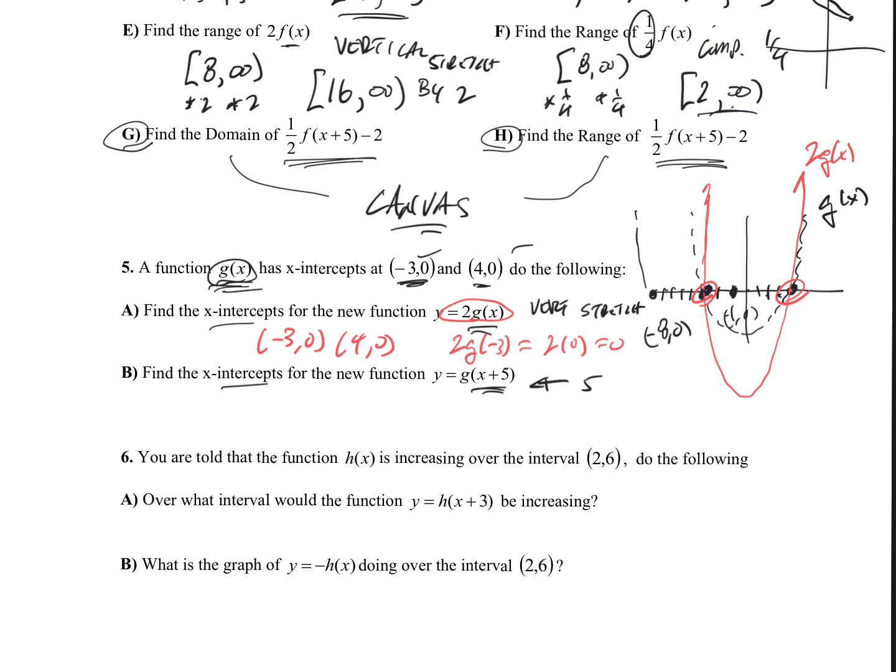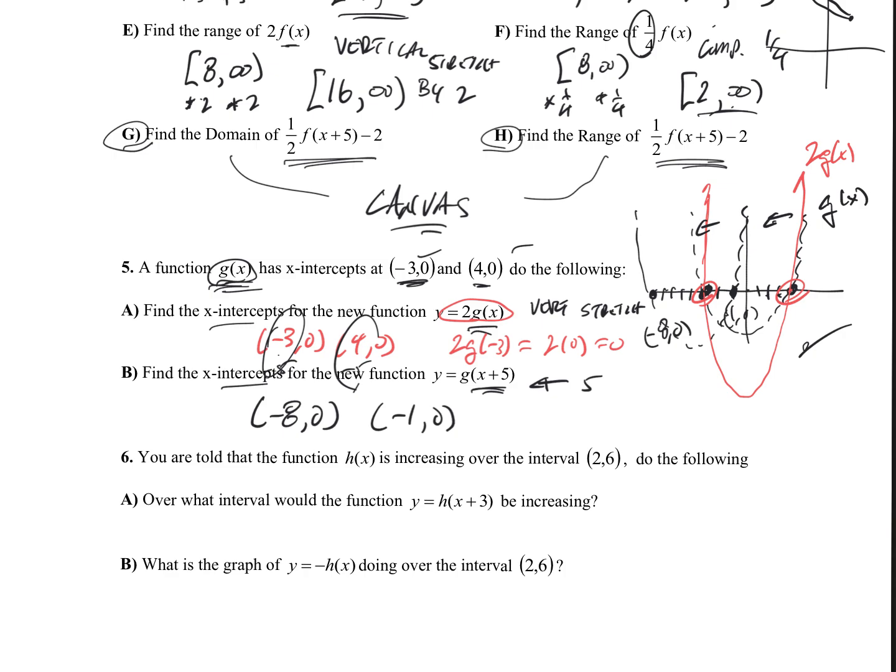So the original g of x graph will be shifted over 5 units. So my new x-intercepts are going to be at -8, 0 and -1, 0. You can see we basically subtracted 5 from the x-coordinates where we originally were.